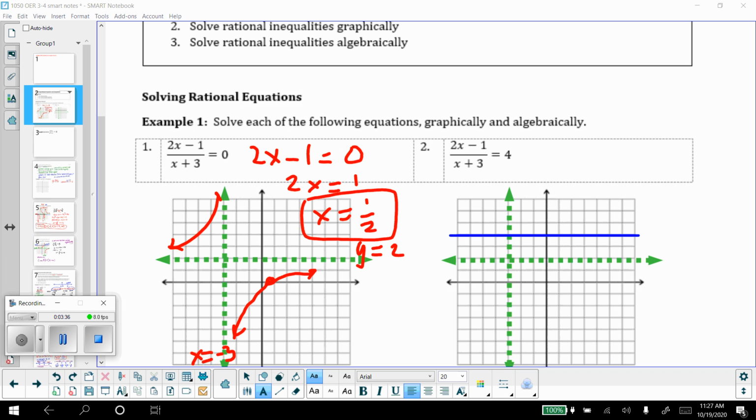You can probably see I've already got this blue line here at y = 4, because wherever our graph crosses that line, that would be the solution. This bottom part isn't going to matter as much this time because it's never going to cross the line y = 4. The important part of this problem is figuring out where the red branch of our graph crosses the line y = 4.